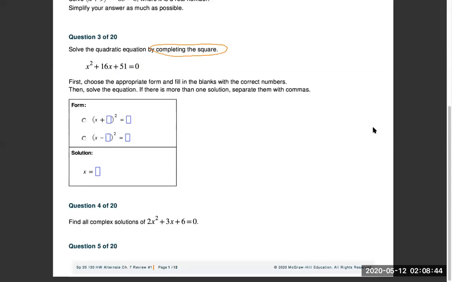Okay, so let me go ahead and do a new share with you, the whiteboard. Okay, so we have number 3, chapter 7, homework alternate.